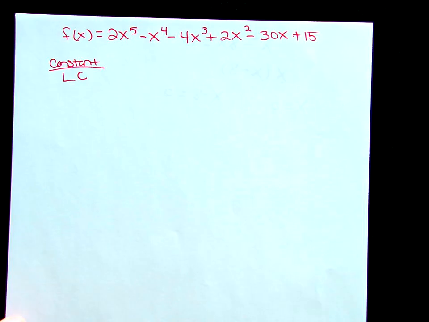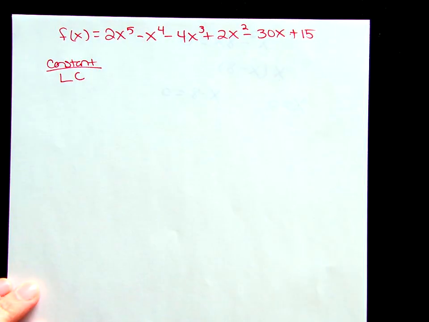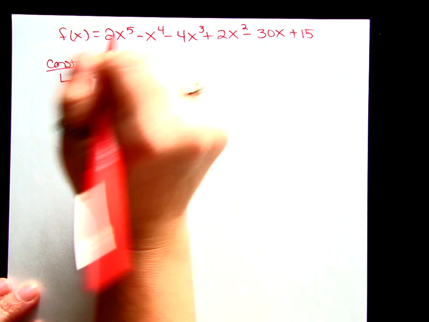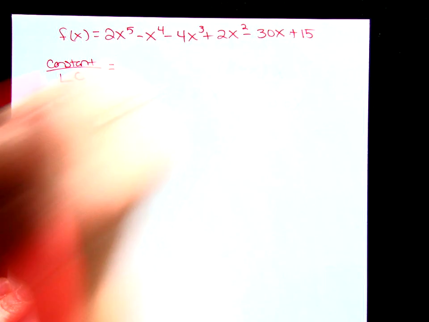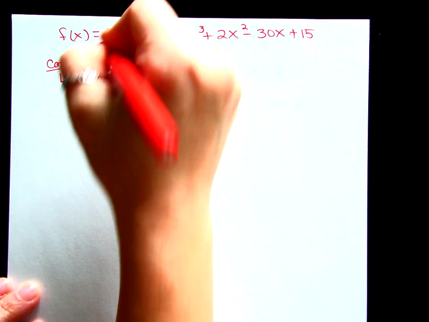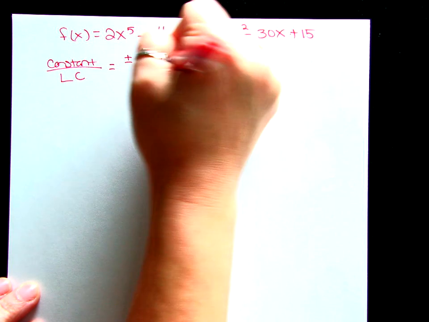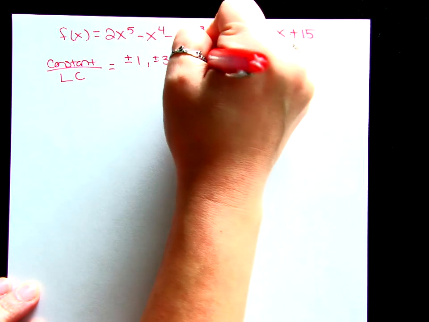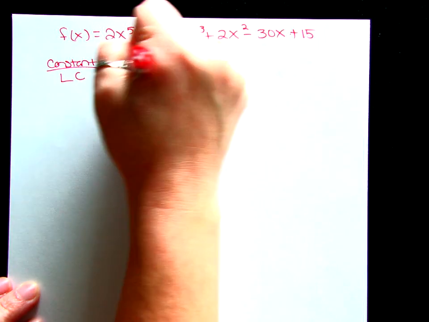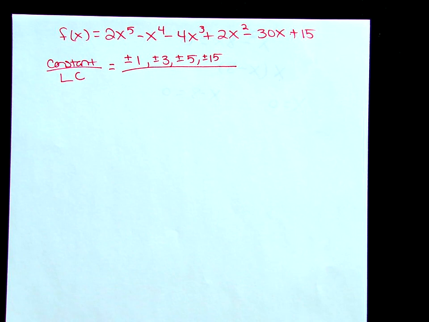Factors of our constant. What is our constant in this long polynomial? 15. So factors of 15: plus or minus 1, plus or minus 3, plus or minus 5, plus or minus 15, all over our leading coefficient: plus or minus 1, plus or minus 2. Great.